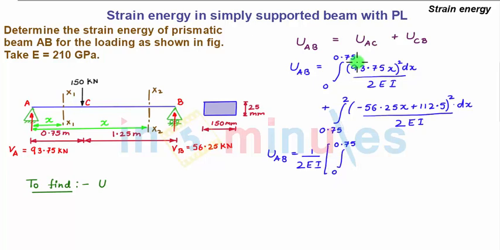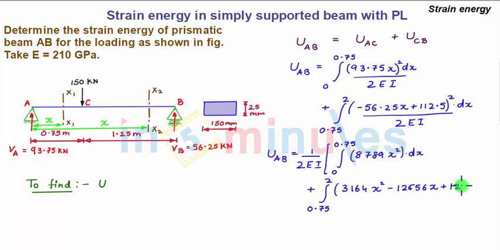Now the square of this term is 8789 x square multiplied by dx, plus integral from 0.75 to 2 meter. Upon expanding this term, we have 3164 x square minus 12656 x plus 12656 multiplied by dx.